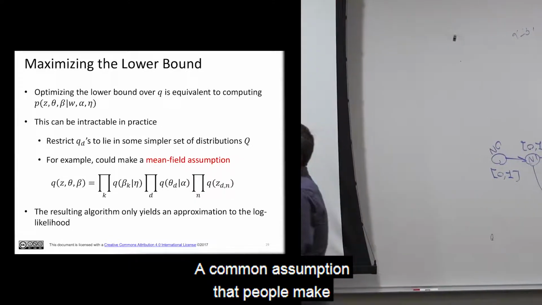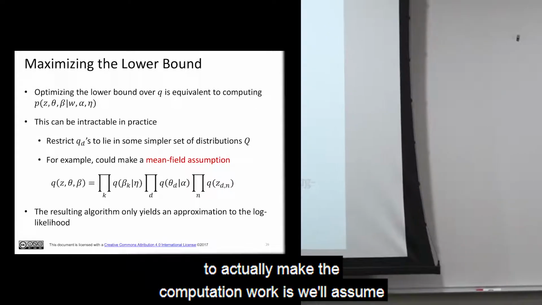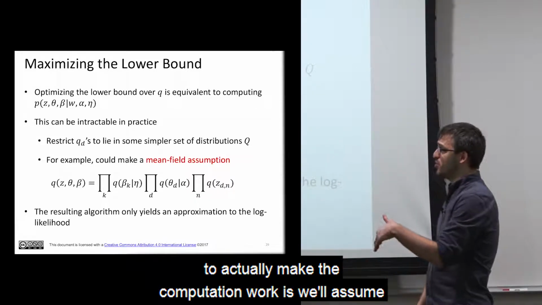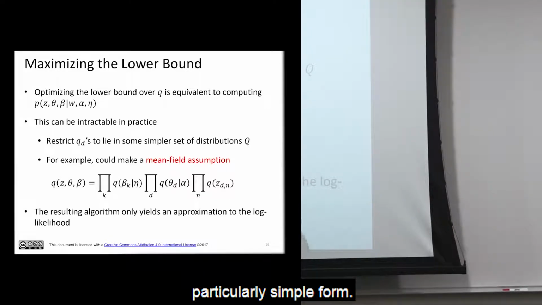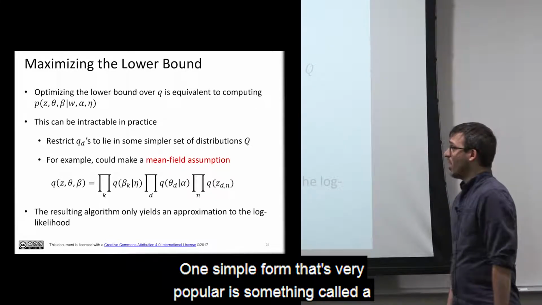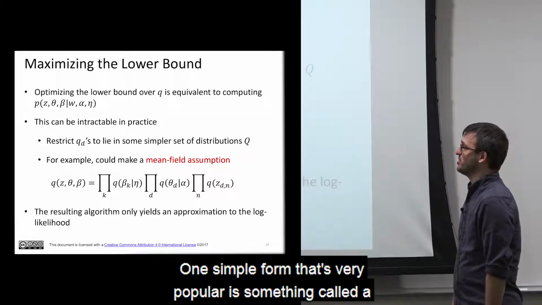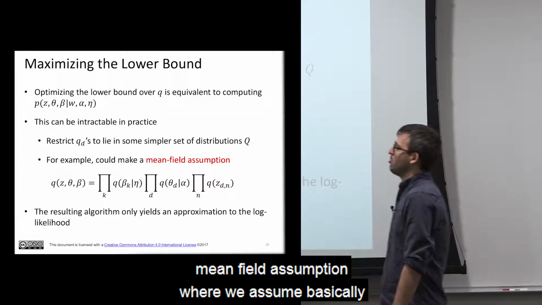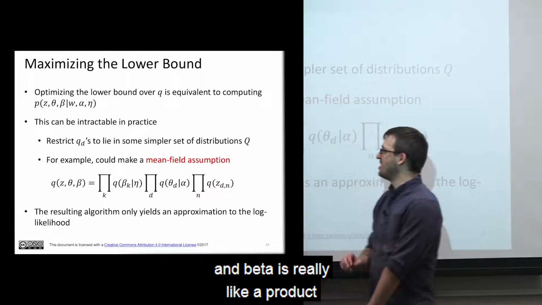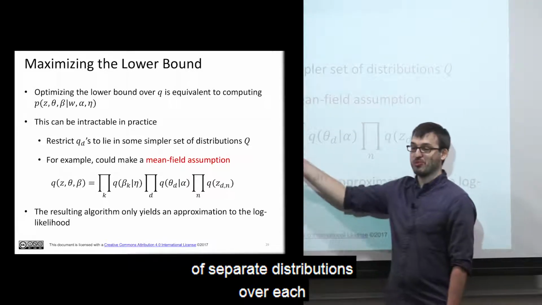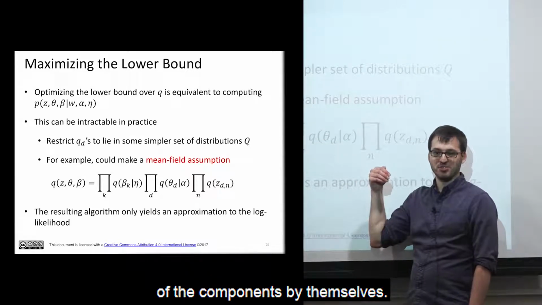A common assumption that people make to actually make the computation work is we'll assume that the approximate distribution Q has this particularly simple form. One simple form that's very popular is something called a mean field assumption, where we assume that this joint distribution over z, theta, and beta is really a product of separate distributions over each of the components by themselves.